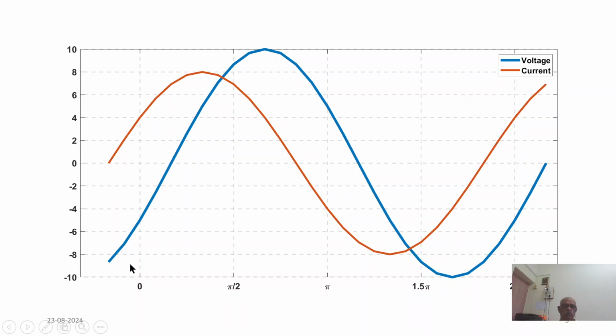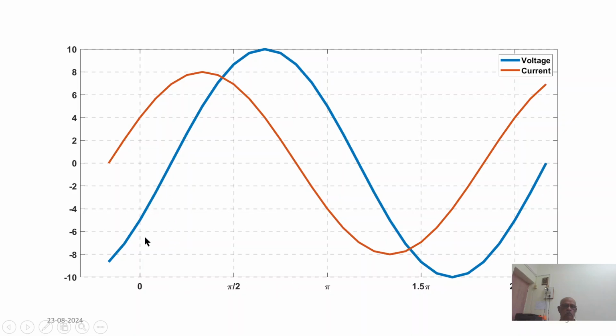So is the current. Let's say this is not the current through the load that I have considered. Let's say any current which may be capacitive or inductive in nature.